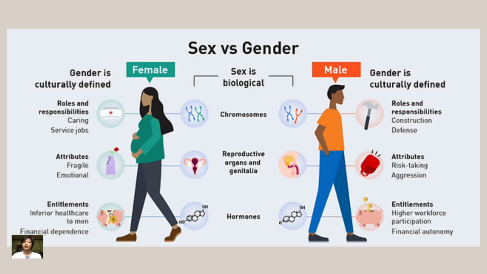So here is a diagram showing how sex and gender are biologically and culturally defined. Sex is biologically defined for female and male because of chromosomes, reproductive organs, genitalia, and also hormones. For gender, it is culturally defined for female: roles and responsibilities, caring, service jobs; attributes, fragile, emotional; entitlements, inferior healthcare to men, financial dependence.